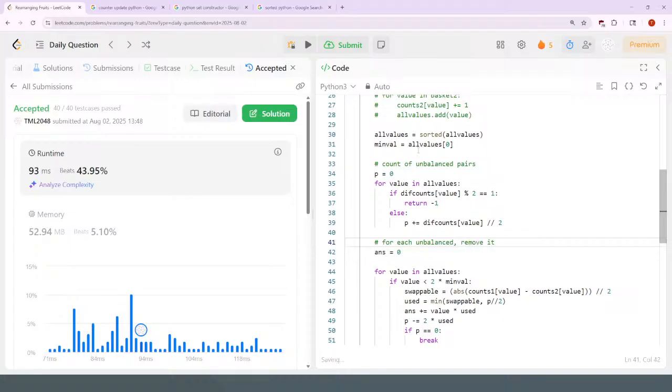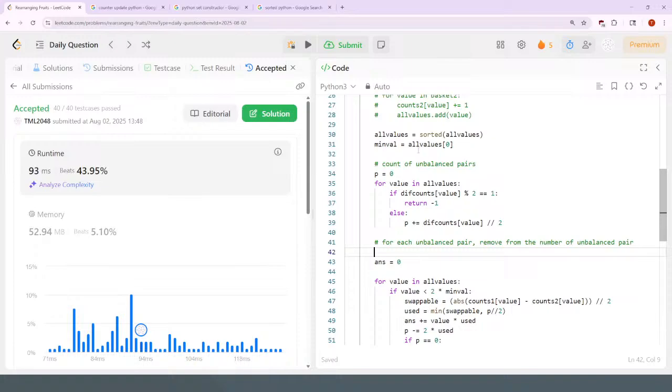Remove the number of unbalanced there by the min value or twice the min value, or the smaller current value.